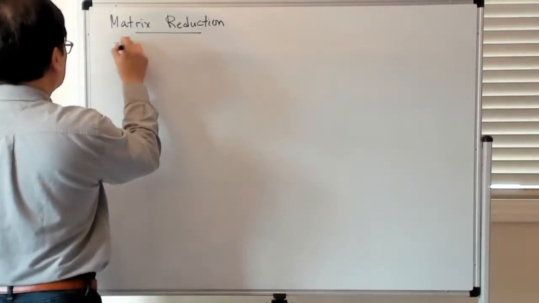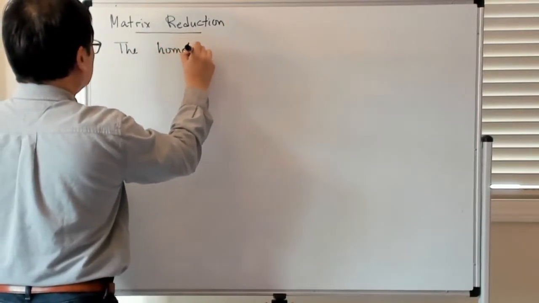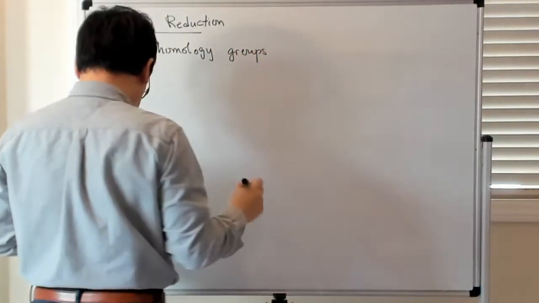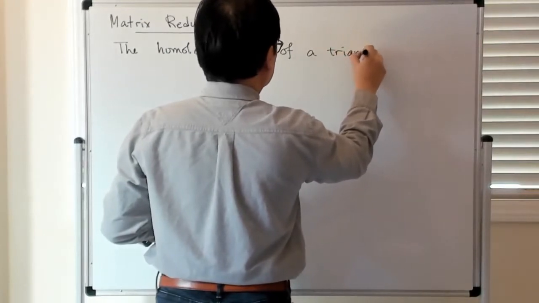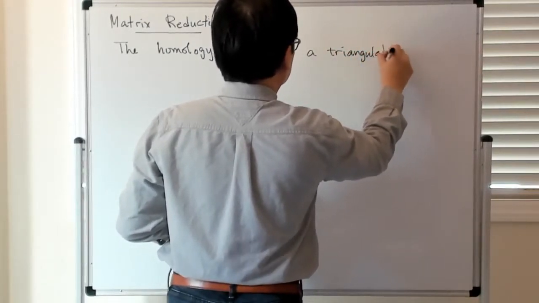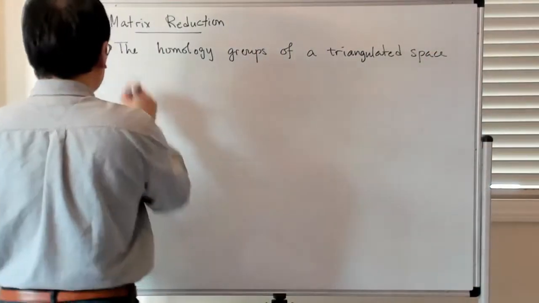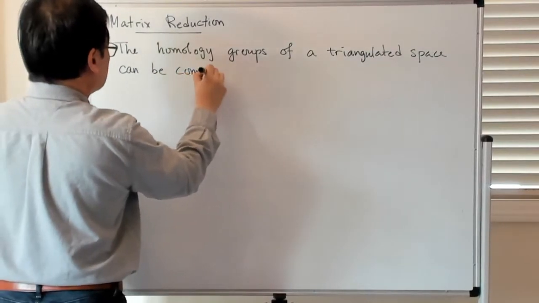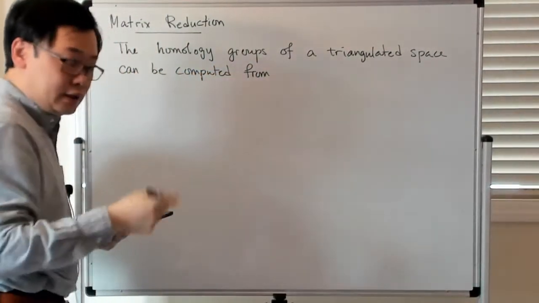Okay, so the homology groups of a triangulated space can be computed from the matrices which represent the boundary operator.